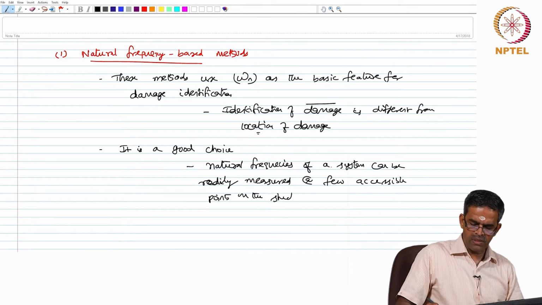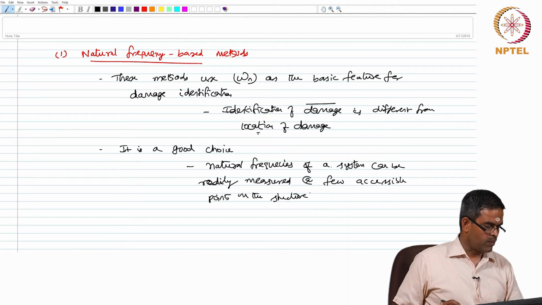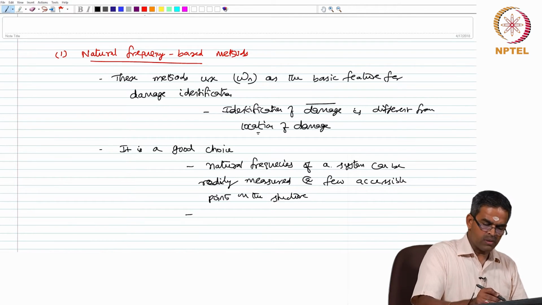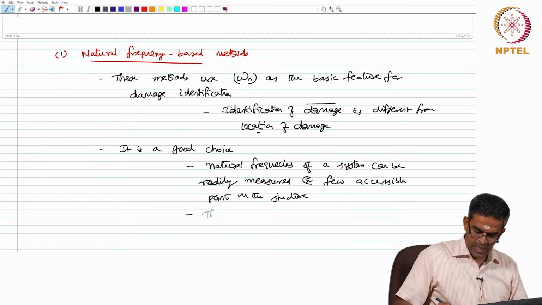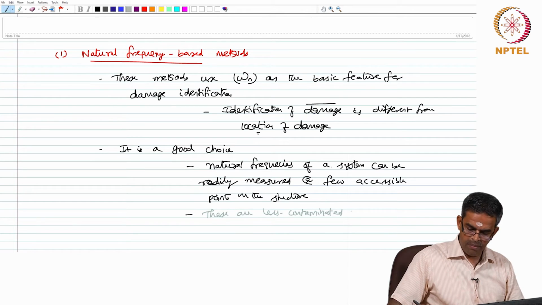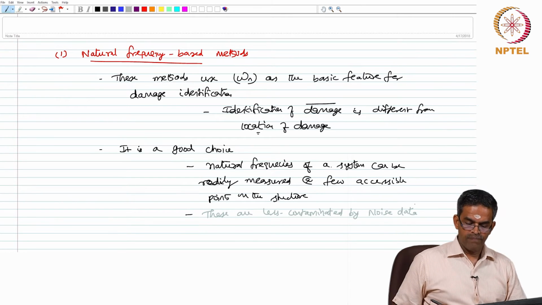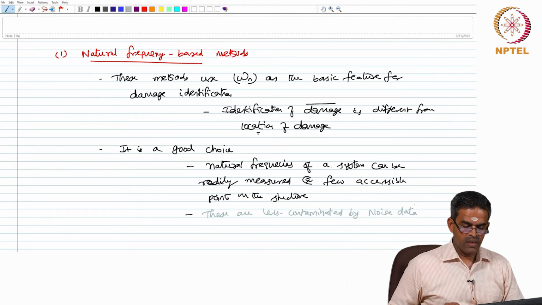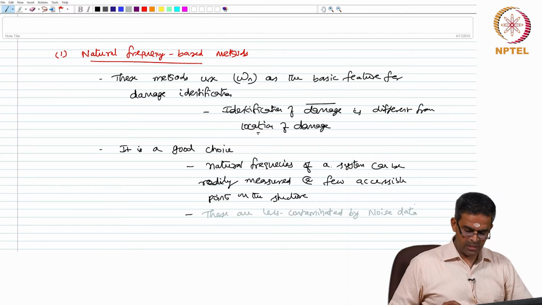They are easily measurable. Most importantly, natural frequencies are generally less contaminated by other noise data. So, this makes these kind of methods for damage detection more powerful.